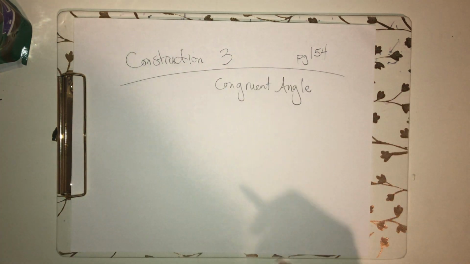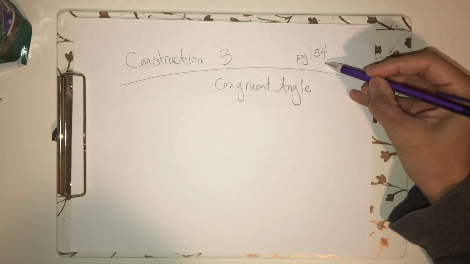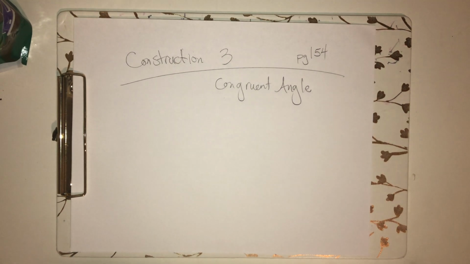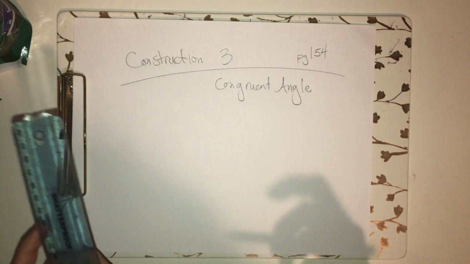For our purposes though, I'm going to stick to what the book is presenting so that this process can be something that you can replicate just by looking at your textbook. On page 154 is where you'll find the instructions and reference angle, very much along the lines of the one that I'm about to demonstrate.